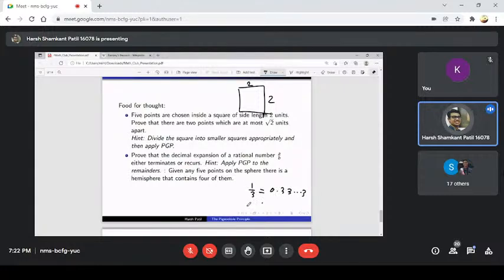Whenever we do this, it always repeats after some time. For some other rational number you could get 0.539539 and so on. How do we prove that for any given rational number a by b, the decimal expansion will always repeat after some time?